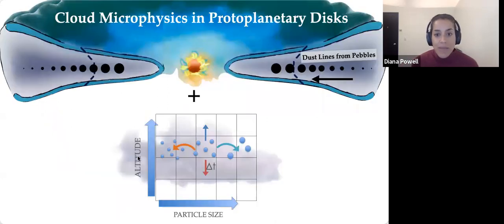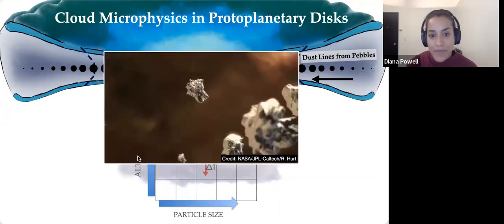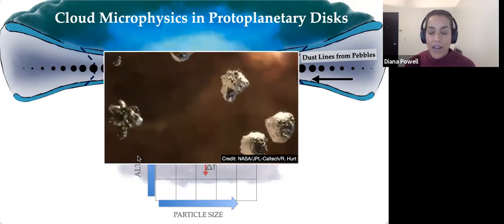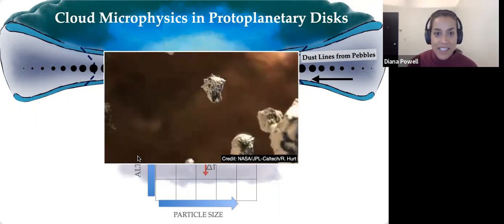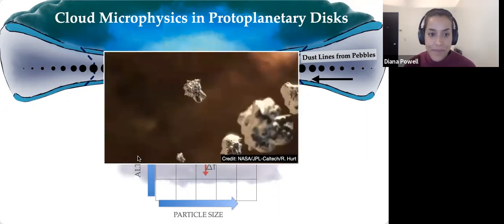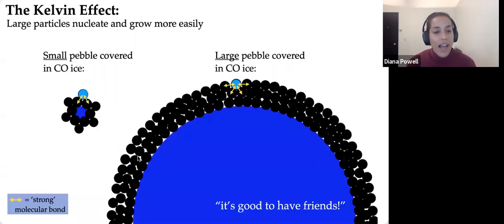And to address this problem, I've coupled my model for protoplanetary disk properties with an adapted version of the models that I use to study cloud formation in exoplanet atmospheres. And in this context, I'm modeling the formation of ice on dust in disks. And in particular, the nucleation and growth processes in the scheme include the Kelvin effect, which quantifies the stability of particles through considering the strength of the molecular surface bonds.